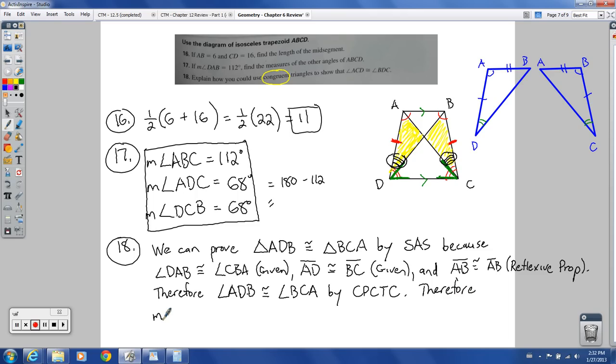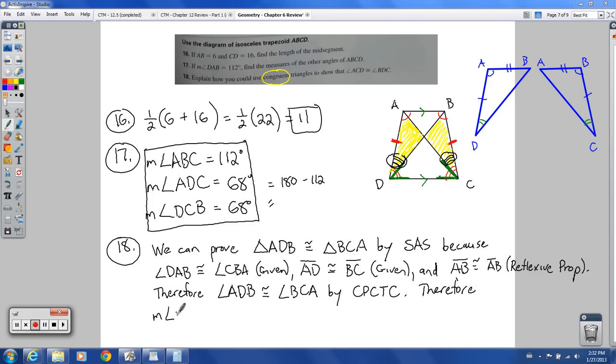The measure of A, let's see how I said that at first. Measure of ACD, just a second.